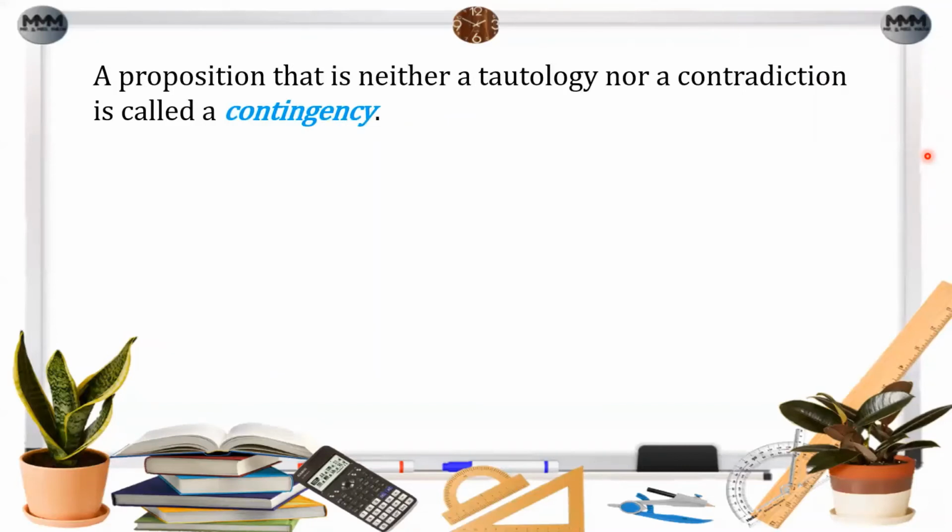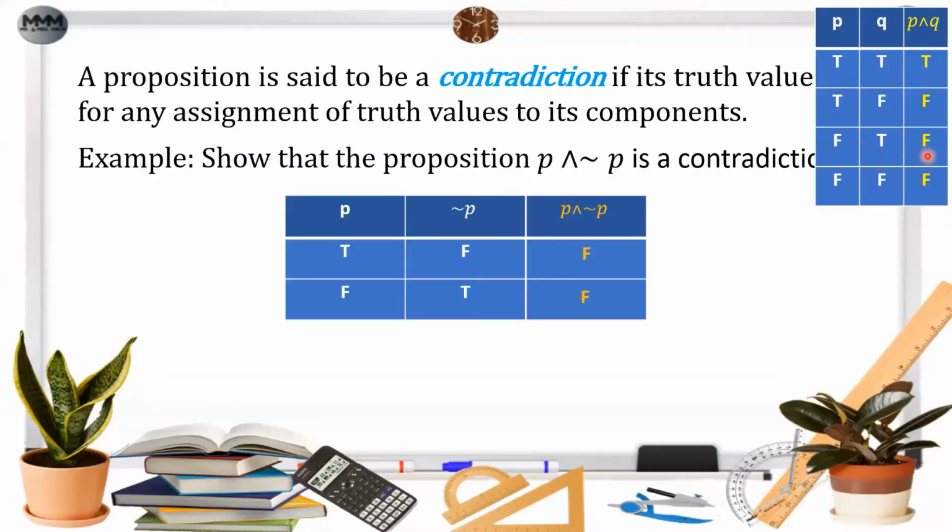Next, contingency. A proposition that is neither a tautology nor a contradiction is called a contingency. Take note here for our contradiction, the last entries in this column are all F, or false. Hence, we can say that it is a contradiction. If you have other components with assignments of truth values, the last column should all be false.